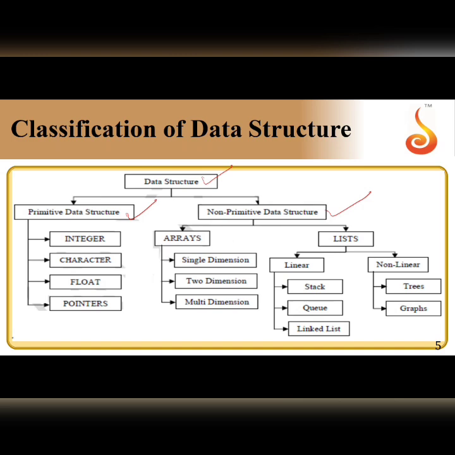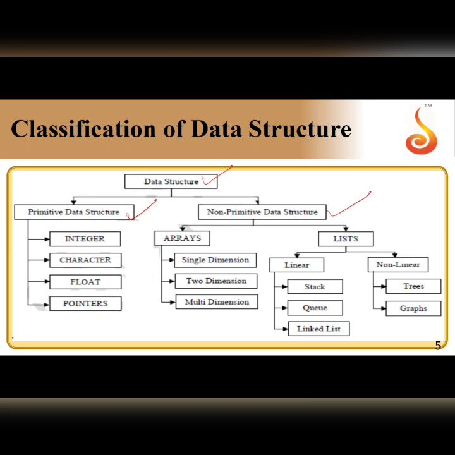Like, I don't need a structure. Int x, it can be directly processed. You don't need a structure to insert, retrieve and all. I just create it, store it, I can edit it, and if it's a pointer, I can even destroy it, like release back the memory. So all this comes under primitive data structures.